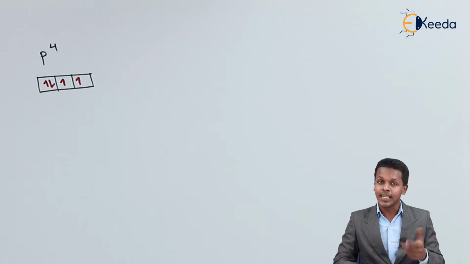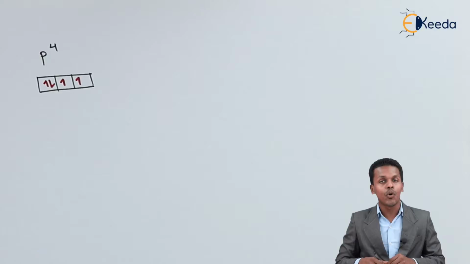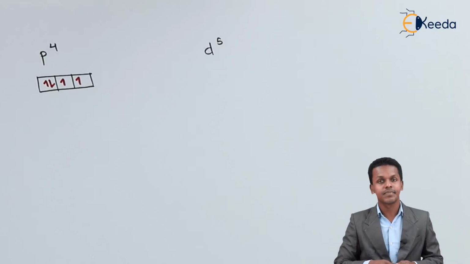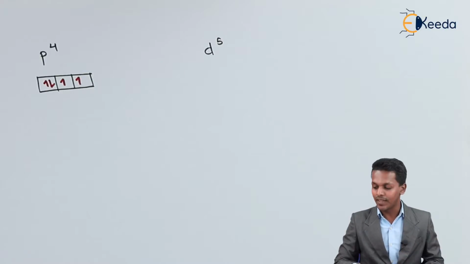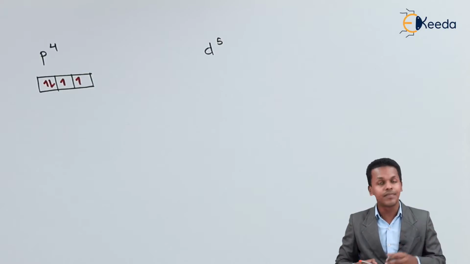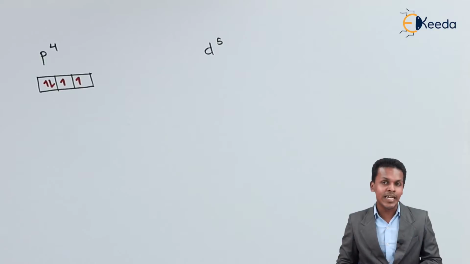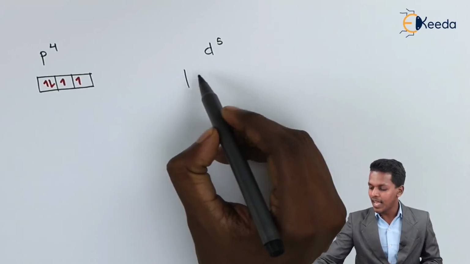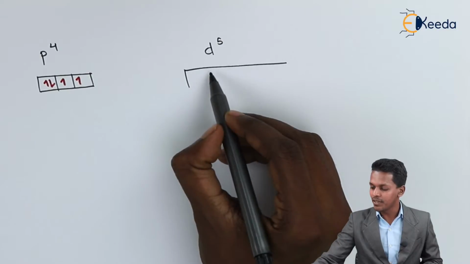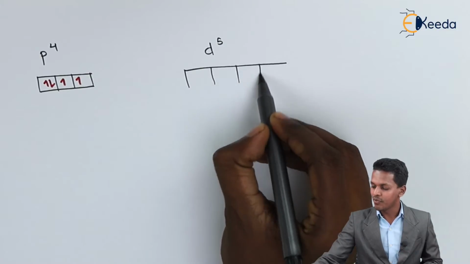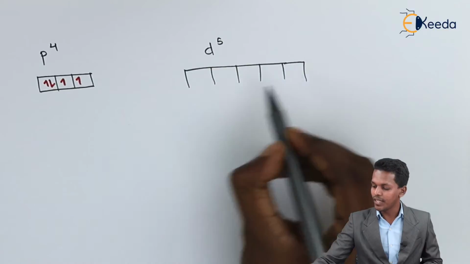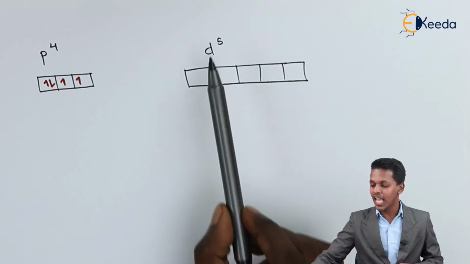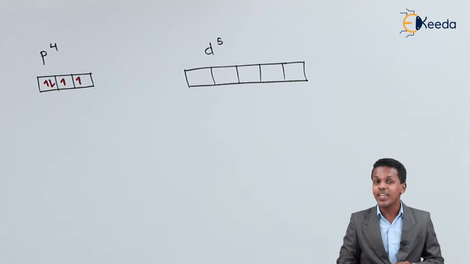Suppose we consider another example, d5. The d subshell has 5 orbitals, as we also know, so I represent the orbitals like this: 1, 2, 3, 4, 5. These are the 5 orbitals, and we have 5 electrons. How can we fill them?